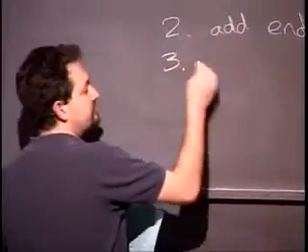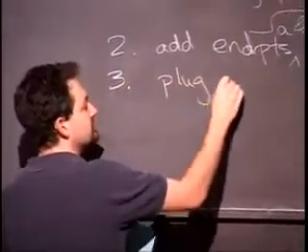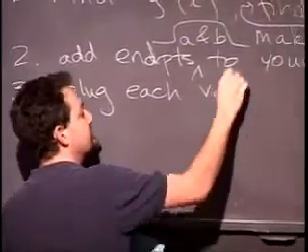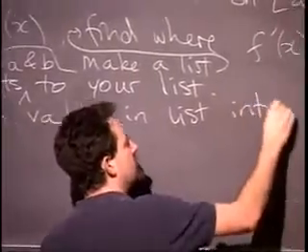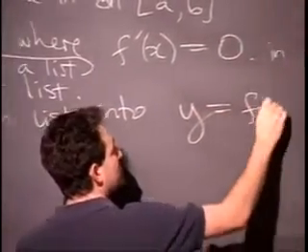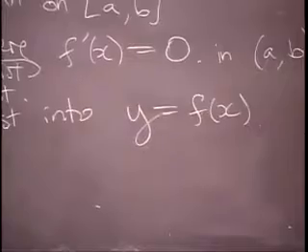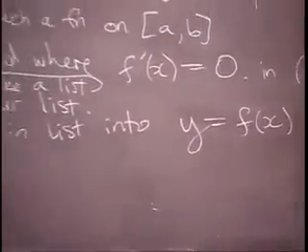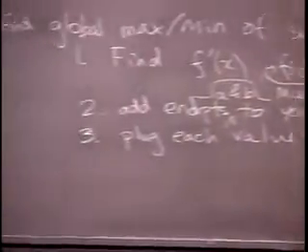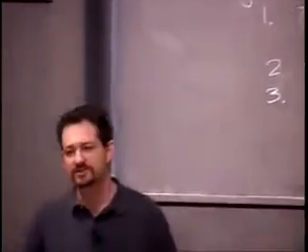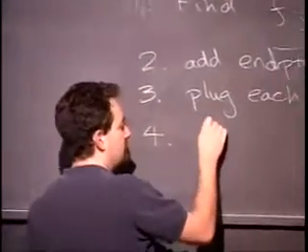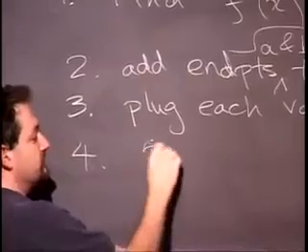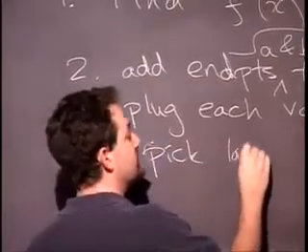Three, plug each value in the list into the equation y equals f of x, and not the derivative equation. We're actually going to plug them into the original equation to find out what are the heights of the function at these different points. Four is pick the largest of these values.